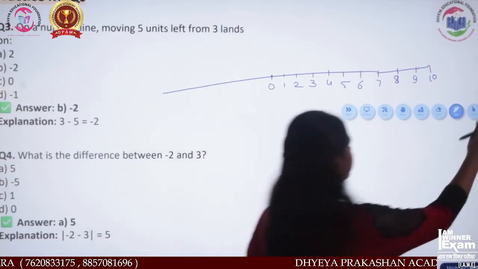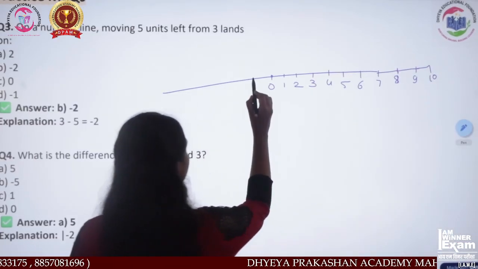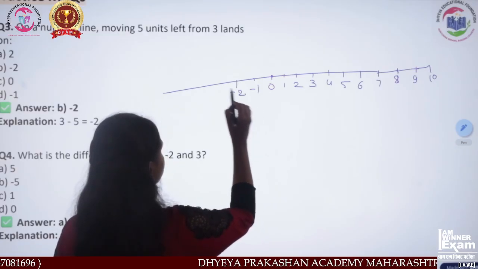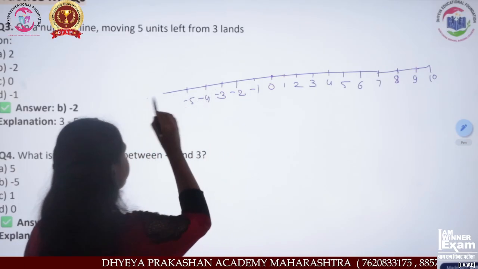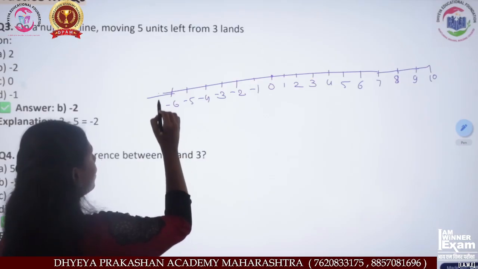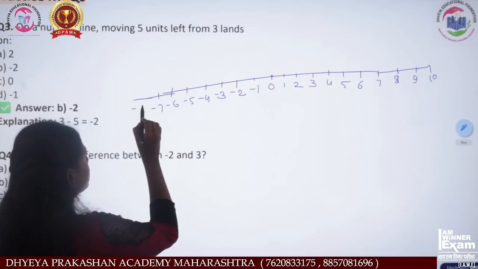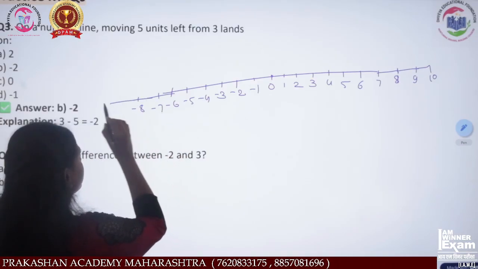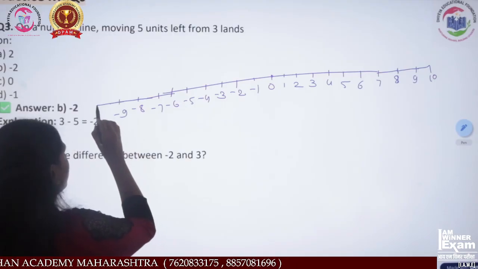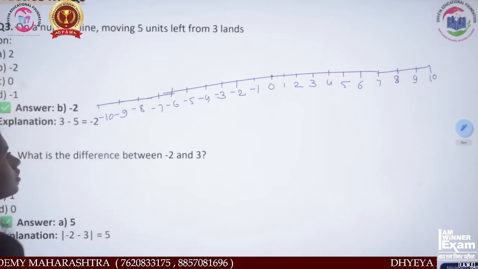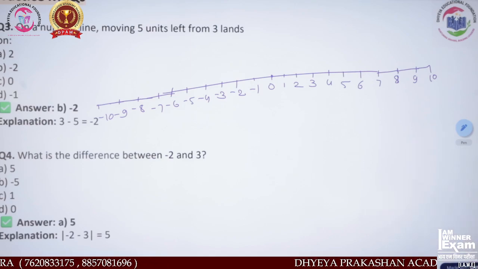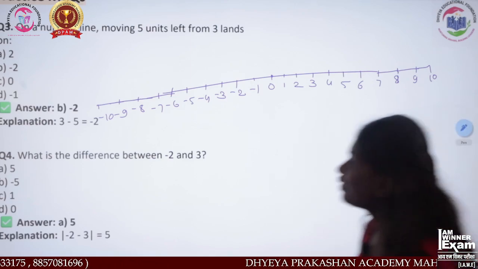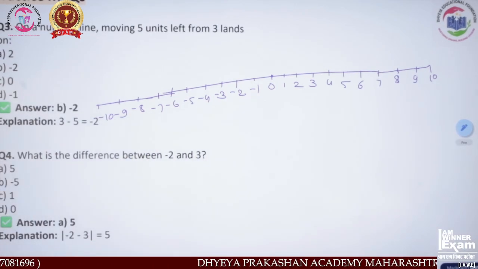Okay, and then on the left side it will be -1, -2, -3, -4, -5, -6, -7, -8, -9 and here it will be -10. Okay. So this number line is a bit crooked. Okay, let it be.